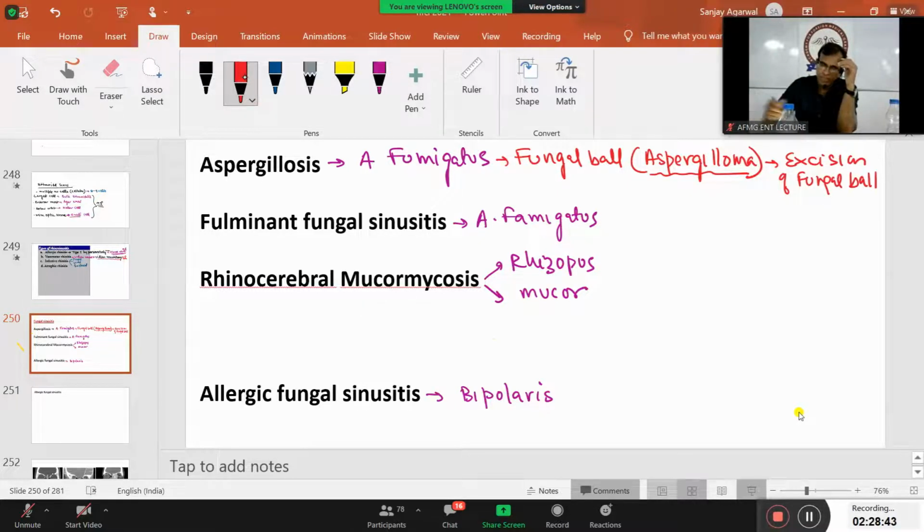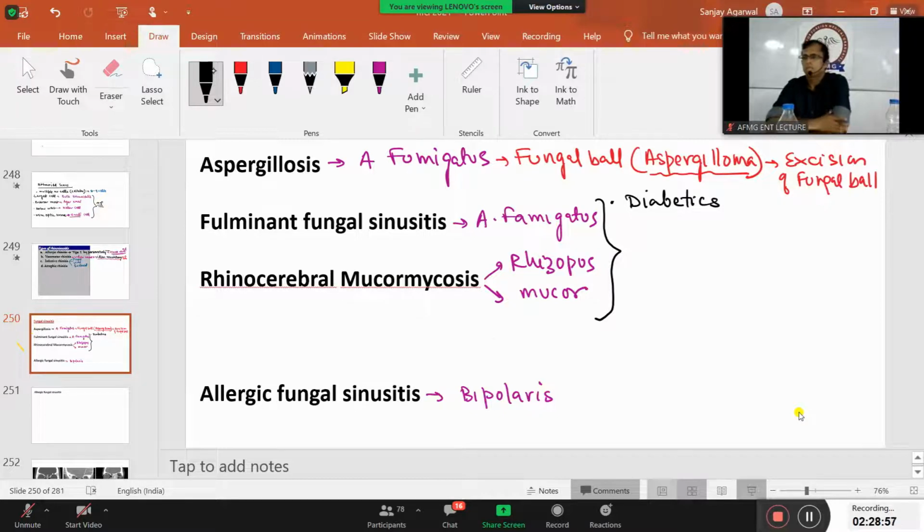But everything else is same for these two. सब कुछ same है. Like both are seen in diabetics. Okay, both are seen in diabetics. Immunocompromised. Diabetes से क्या होता है? Immunocompromised हो जाता है.